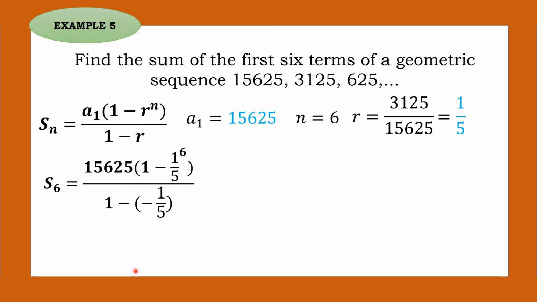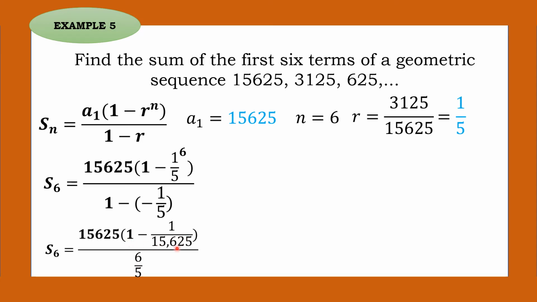So in this case, we need to simplify first 1 over 5 raised to 6 and also 1 minus negative 1 over 5. And that will give us 1 over 5 raised to 6 is 1 over 15,625. And 1 minus negative 1 over 5 is 6 over 5.